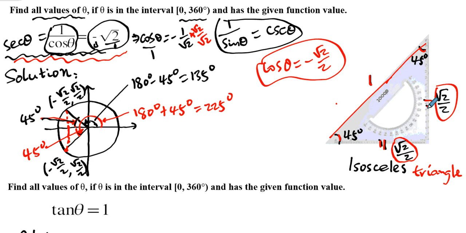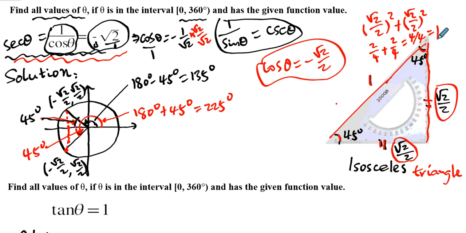By the Pythagorean theorem, radical 2 over 2 squared, one leg squared, plus another leg squared, is 2 over 4 plus 2 over 4, which is 4 over 4, which is 1, because radical 2 squared is 2, and 2 squared is 4.